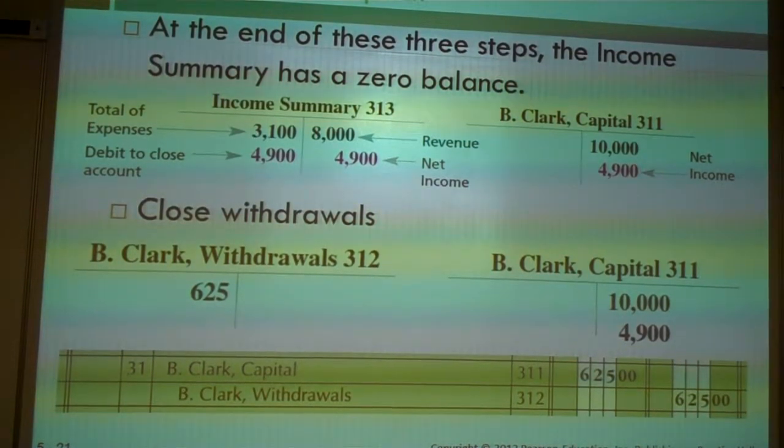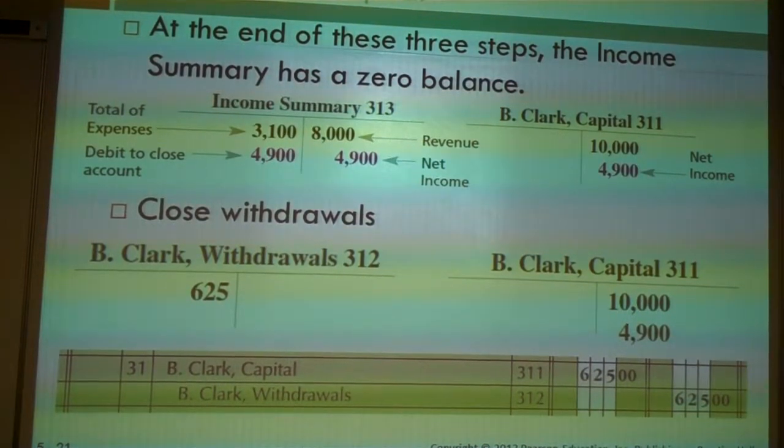Are we closing capital? But we're adjusting capital, aren't we? We're adding the net income to it. We're subtracting the withdrawal. Where have you already done that? On the statement of owner's equity. We did it on paper, but we did not record it in the journal so that we could make that account current in the ledger.